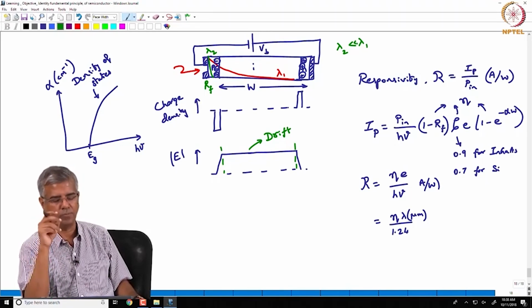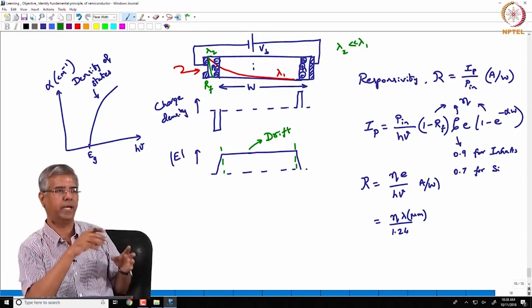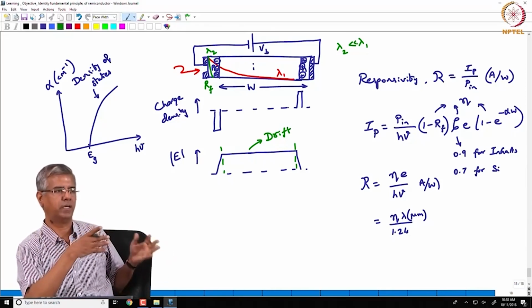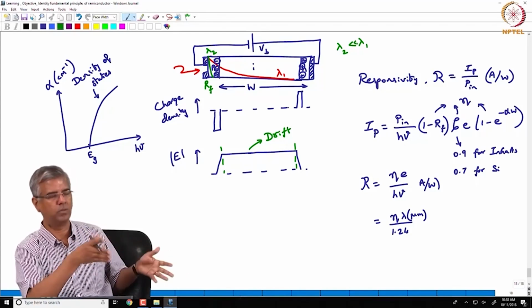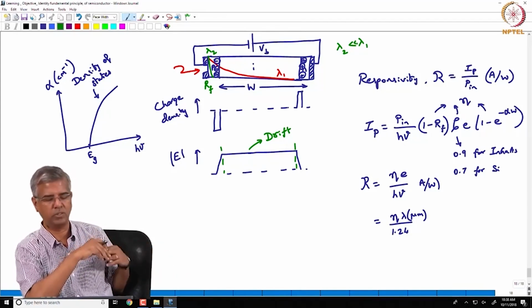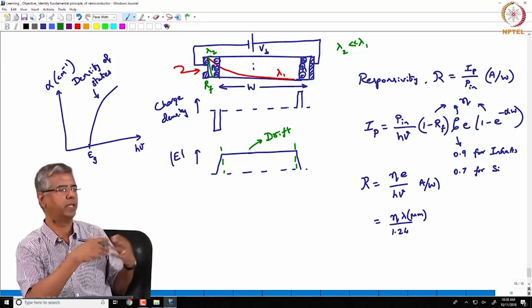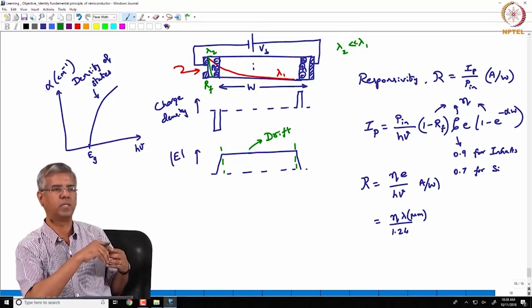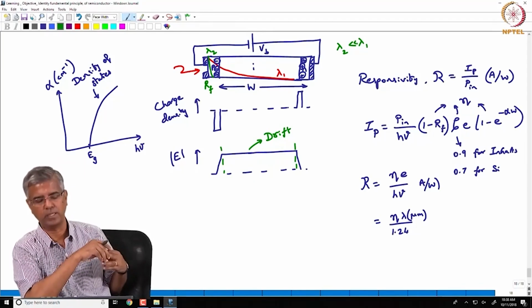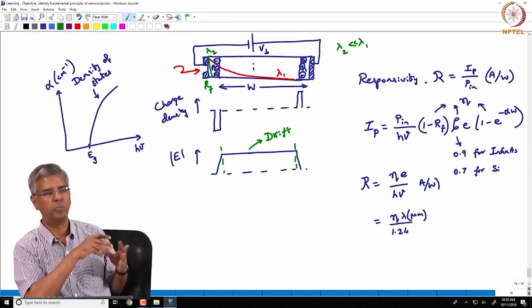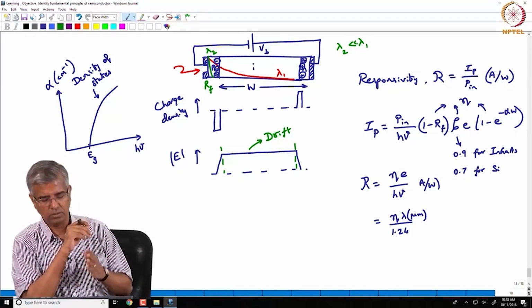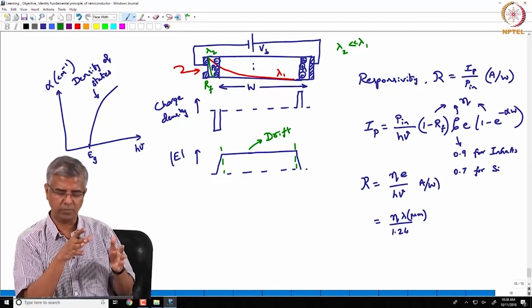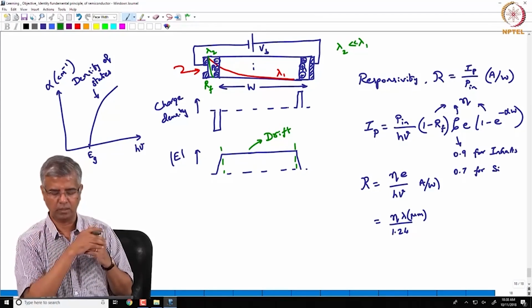And if it all gets absorbed over there, it is only under the influence of diffusion, and most of those charges will get lost. They will just recombine among themselves, and they will lose that energy. So, it will not make it to the external circuit. So, you will have good responsivity for certain wavelengths.